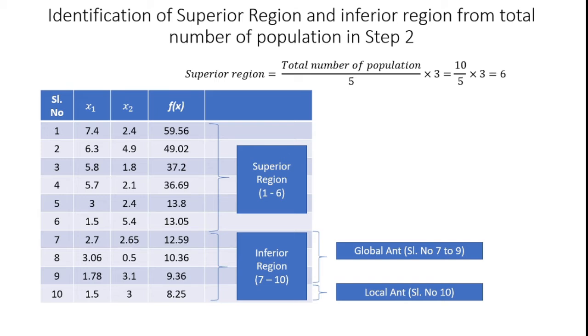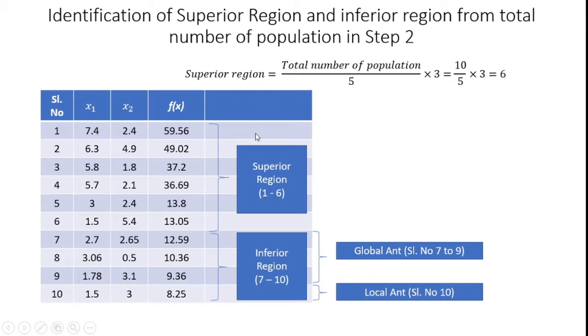And then the step of identifying the superior region and the inferior region from the total number of population is also available in the second step. How do I identify the superior region from the available 10 populations? Here, superior region is equal to total number of population divided by 5 into 3, which is the formula.